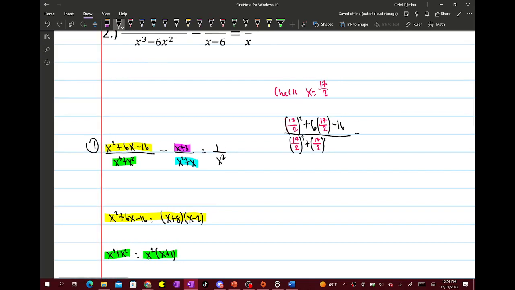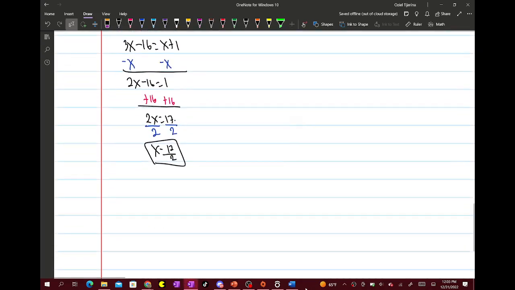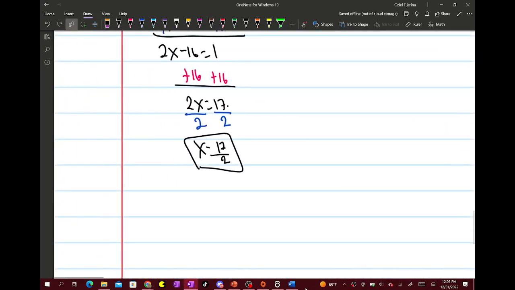Let me double check. I do believe I'm right, but let me double check. Okay, so yes, I checked it with a calculator and it checks out. I don't know if they allow you to use a calculator for these, but if it's a fraction like this, most likely it will be.